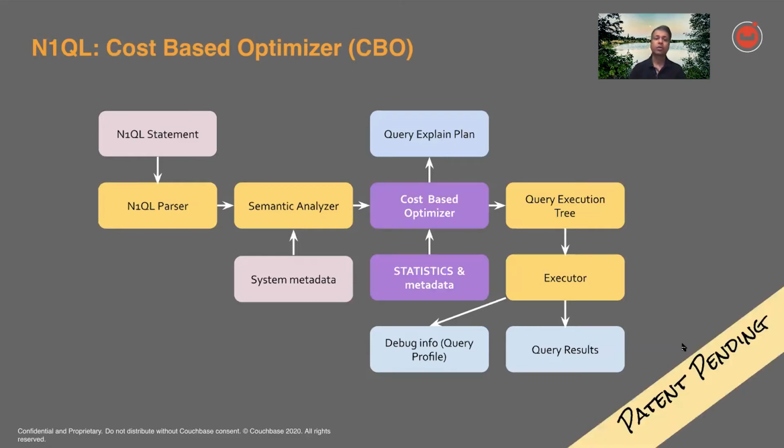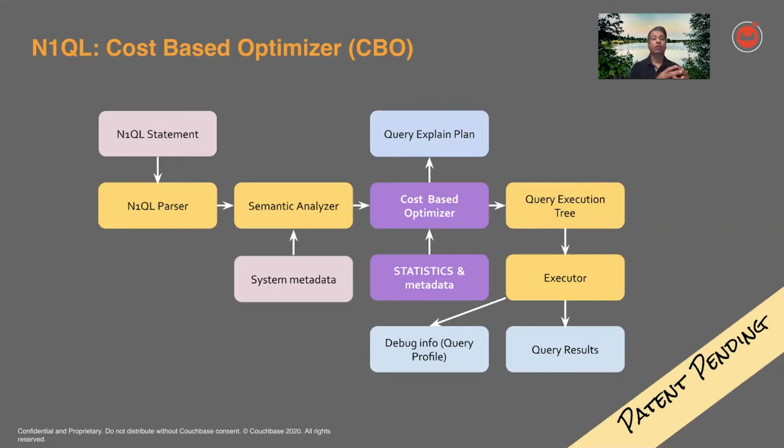What does a cost-based optimizer do? We have added the ability for the system to collect new types of statistics. So in addition to the metadata available, it uses the additional statistics about the data and chooses the best available access path to come up with a better plan.